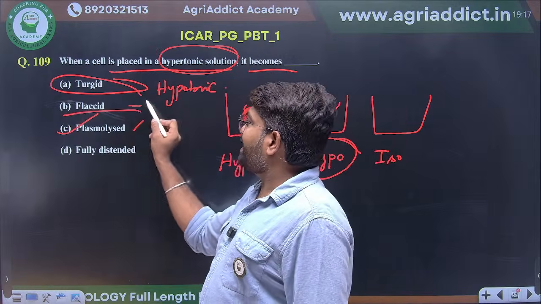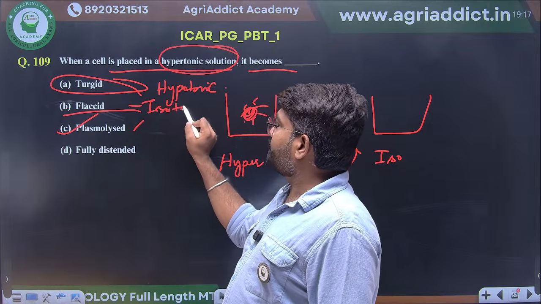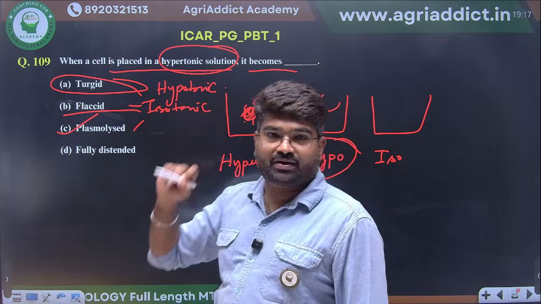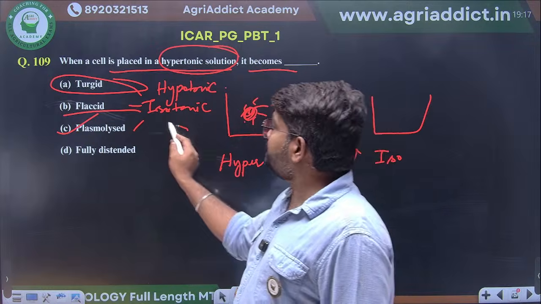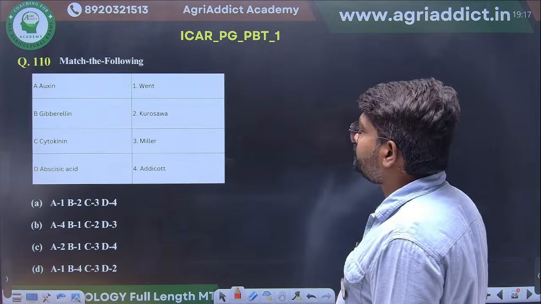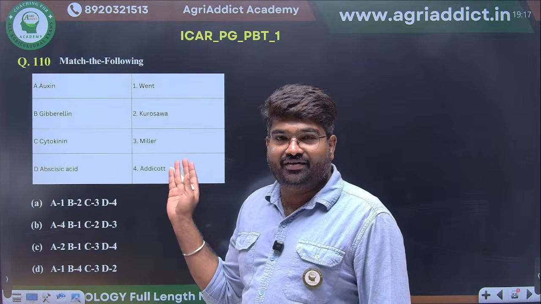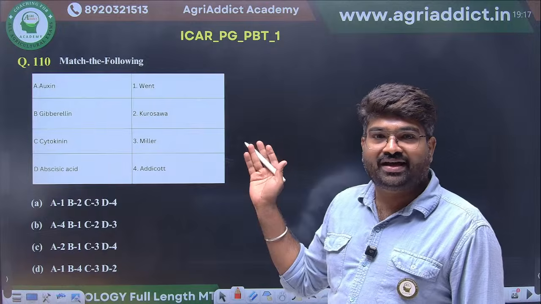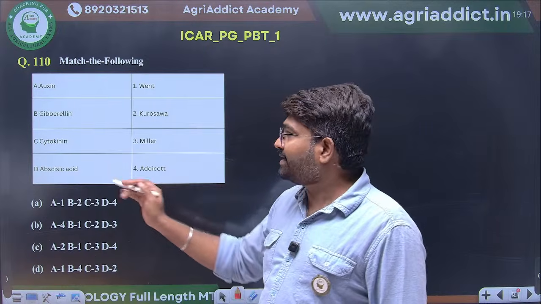Flaccid will come in isotonic solution. So we can frame 3 questions from these options. The right option for hypertonic solution is plasmolysis. This we already saw in our lecture. All the questions we have already worked out in our lecture.